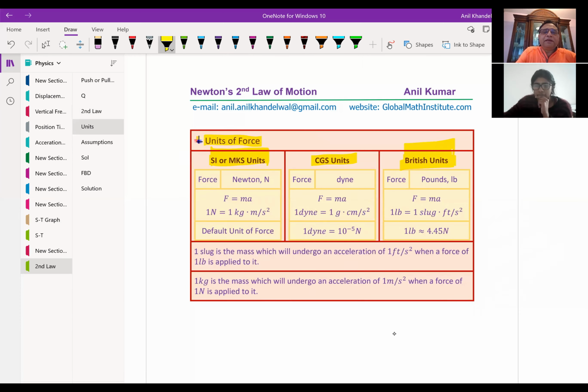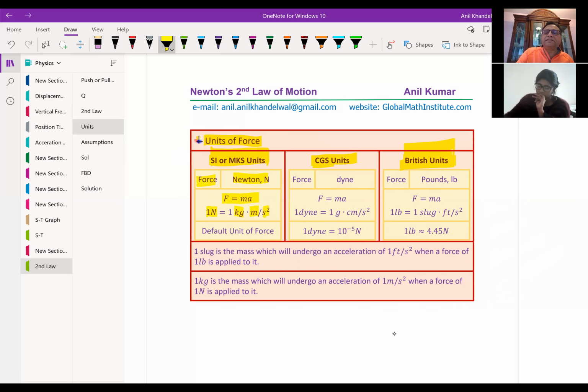Force in MKS or SI units is newtons. And as we said, F is ma. MKS is the units meters, kilograms, and seconds. So mass is in kilograms and acceleration is meters per second squared. So 1 newton is basically 1 kg meter per second squared, correct? Simple as that.